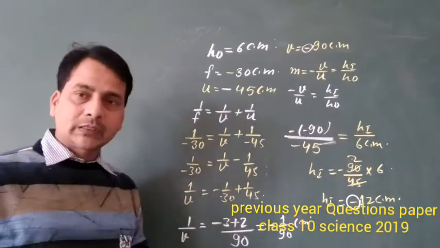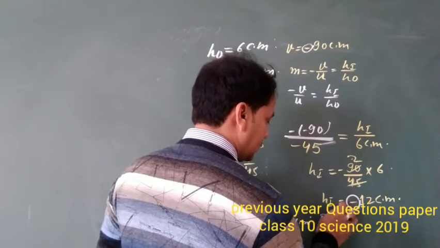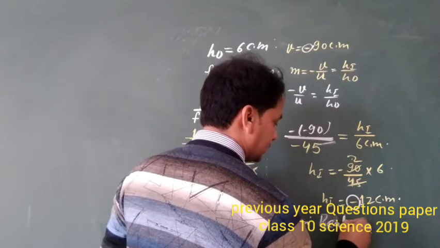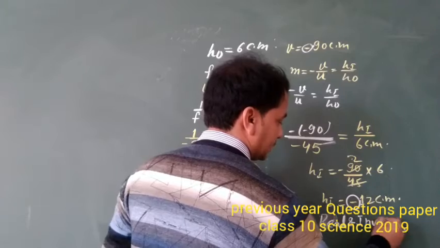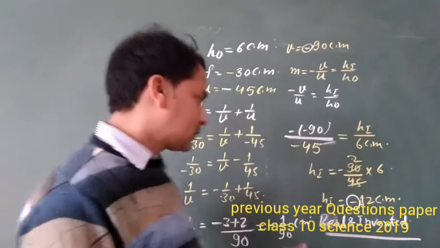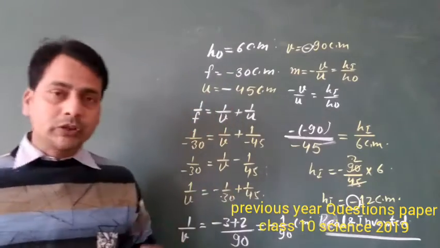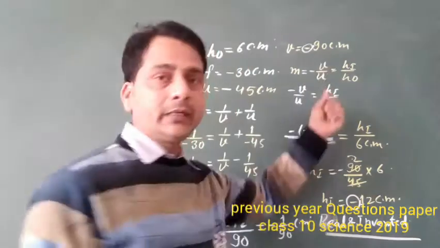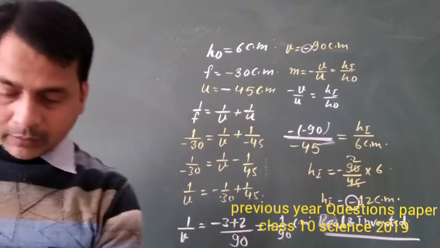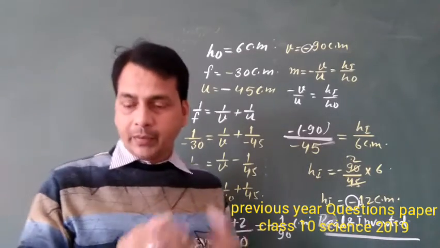So here the nature of the image is real and inverted, and the position of this image is 90 centimeter, the same side of the object. And according to this question, also draw a labeled ray diagram to show the image formation.